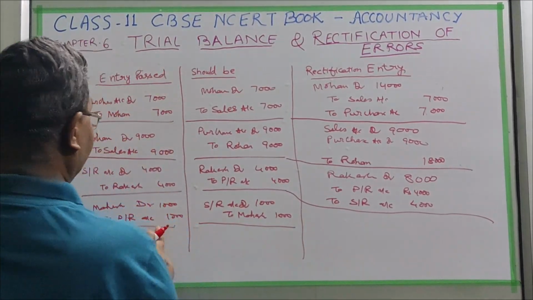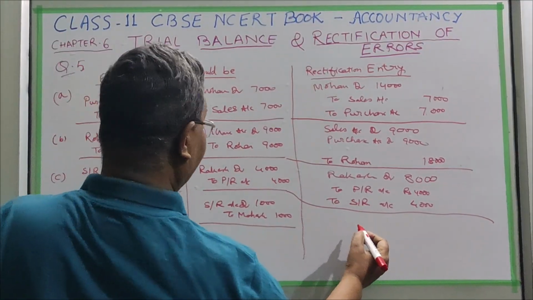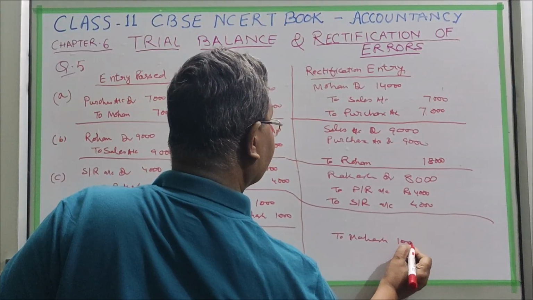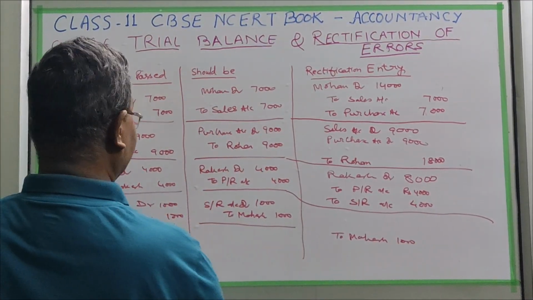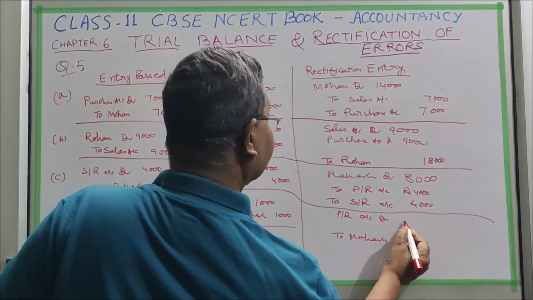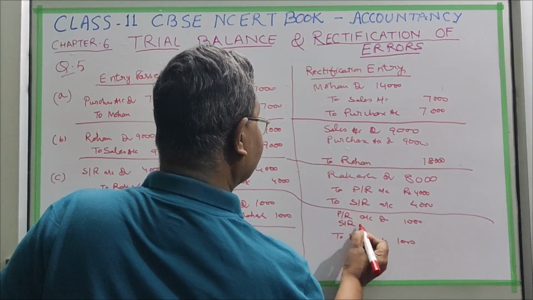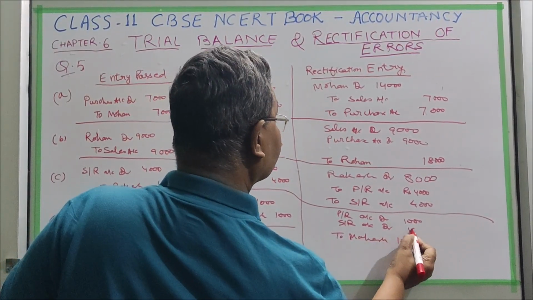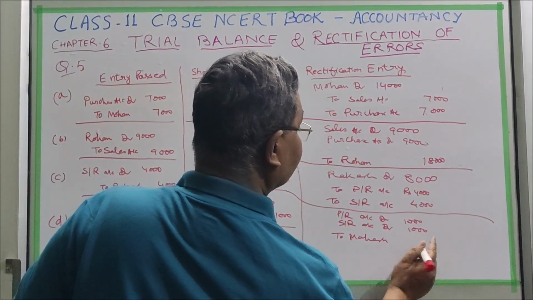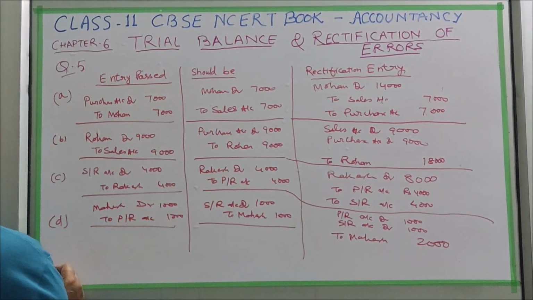So to correct it, you have to credit Mahesh 1,000, and purchase return account you debit 1,000 rupees. For this correction, the actual entry you make sales return account debit 1,000, and the actual credit plus 1,000 means 2,000 you make it here.